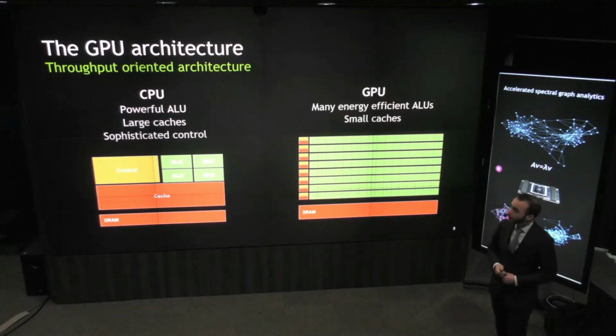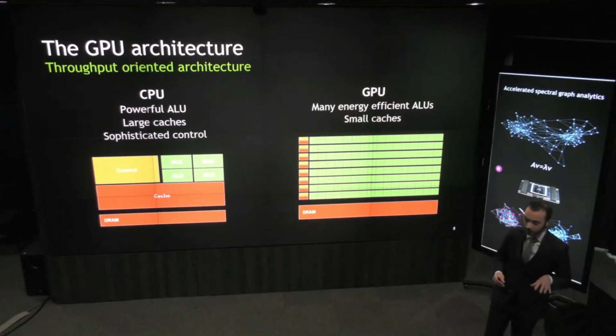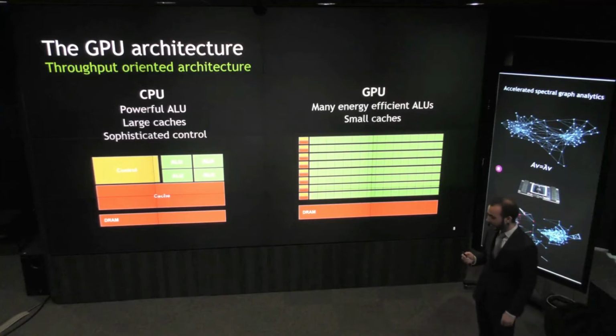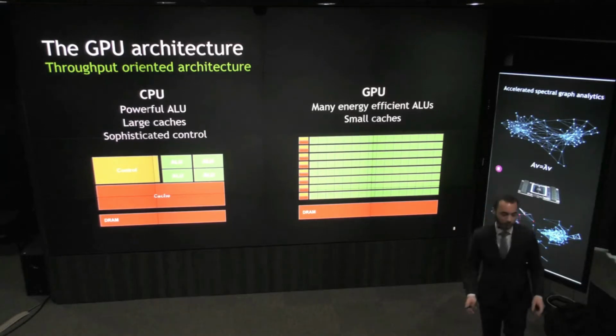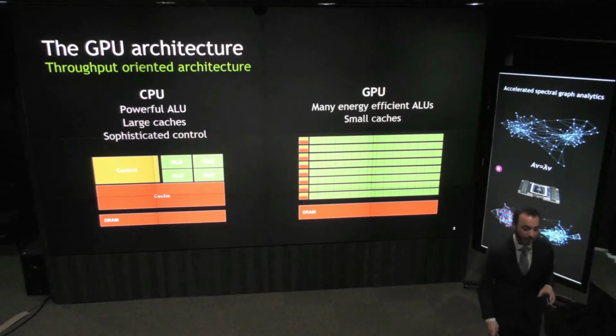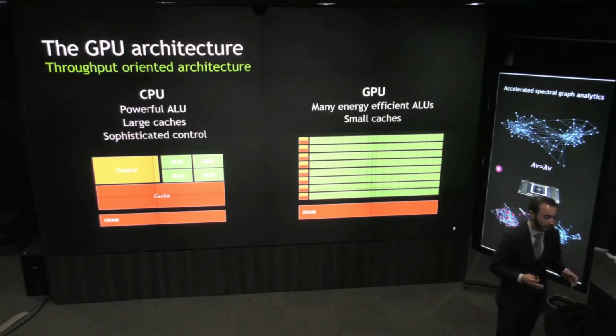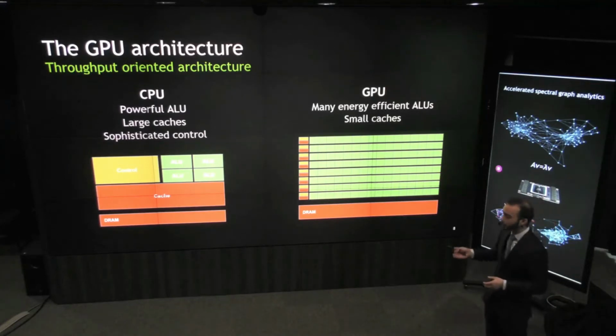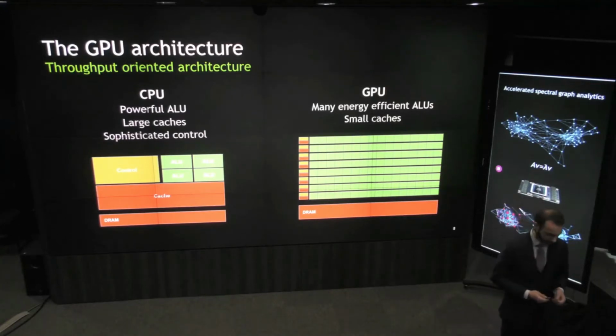Another very important point to know in our research is that the GPU memory bandwidth is much higher than the CPU one. It's 3x to 4x faster. And this is important because eigenvalue solvers are memory bound, so we hope to benefit from the faster bandwidth in the GPU.